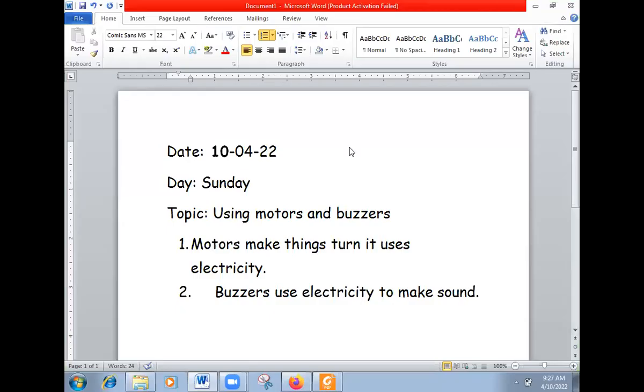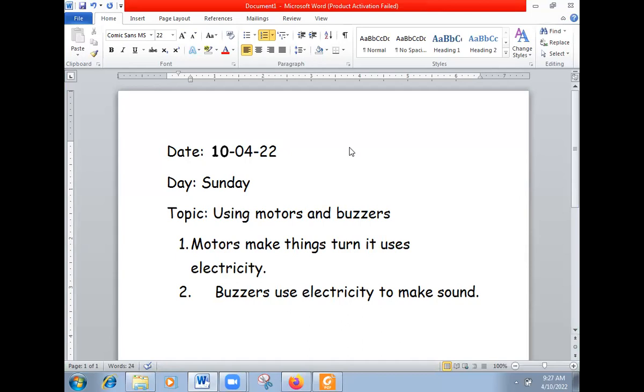So in this lesson, we have learned two most important things about motors and buzzers. Motors make things turn. They use electricity. Buzzers use electricity to make sound.